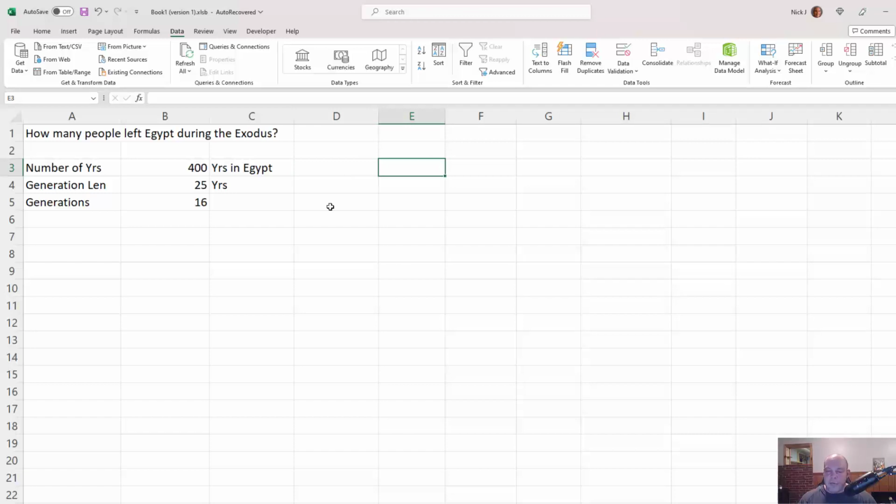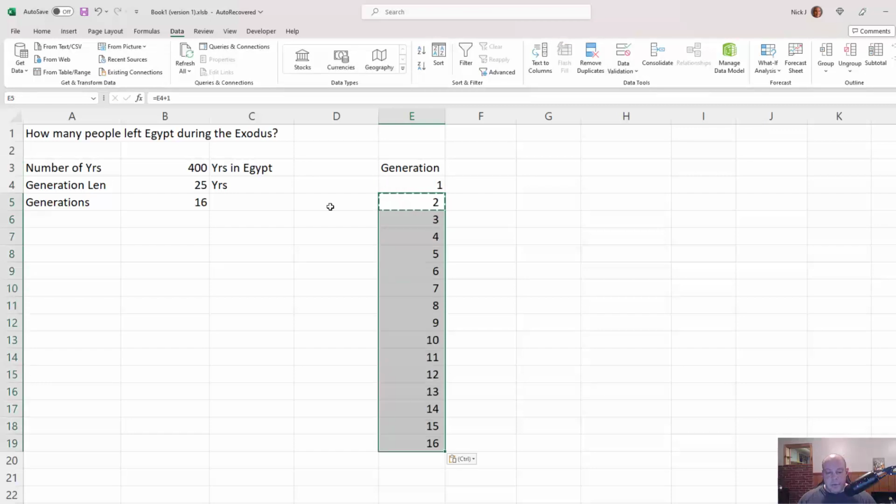We're not doing any kind of continuous growth because people don't grow continuously. People reproduce in discrete intervals. So we're going to have a column for generation, starting at generation 1 plus 1. I'm just going to drag this down to 16 generations.